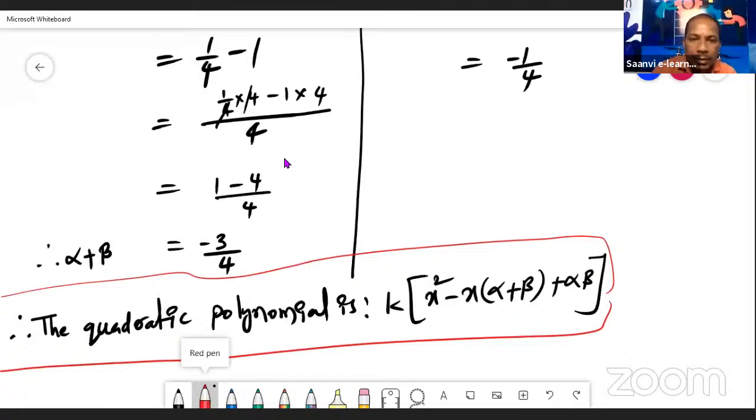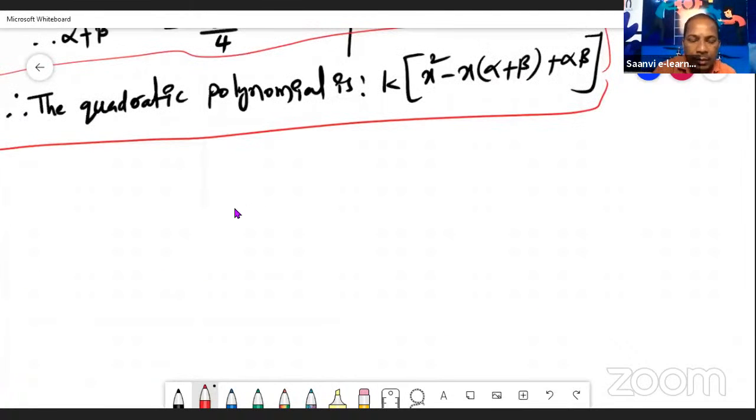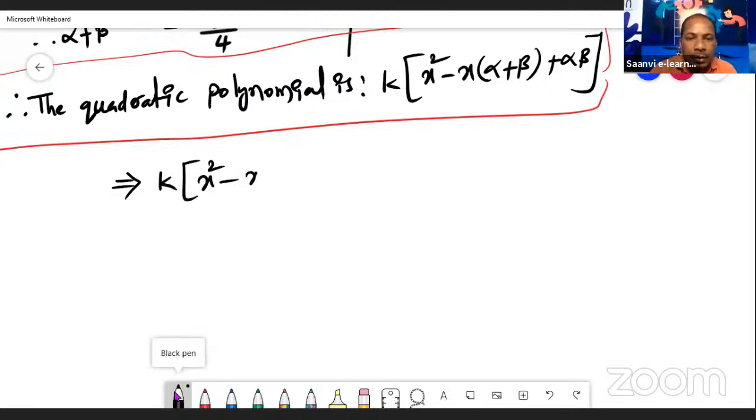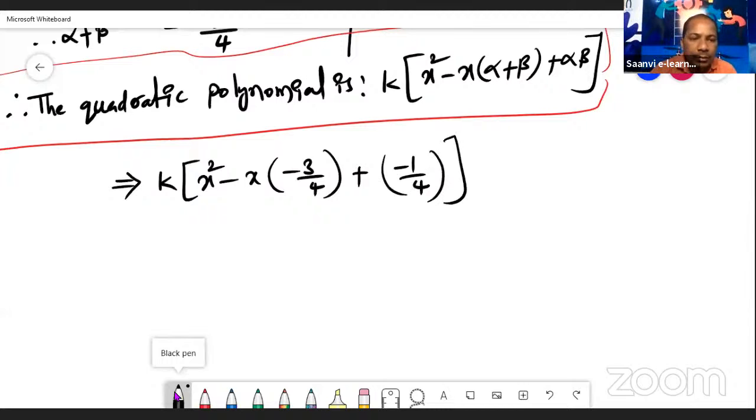So when we substitute the values in the given formula, k of x square minus x, alpha plus beta means we have got minus 3 by 4, plus alpha beta value we have got minus 1 by 4. Okay.